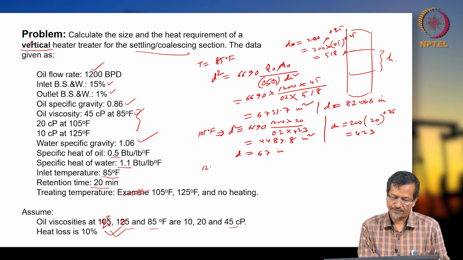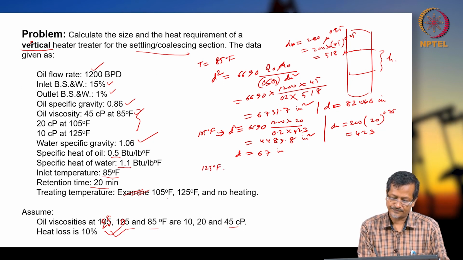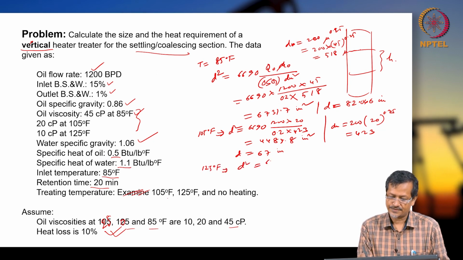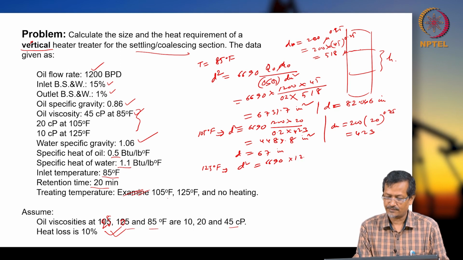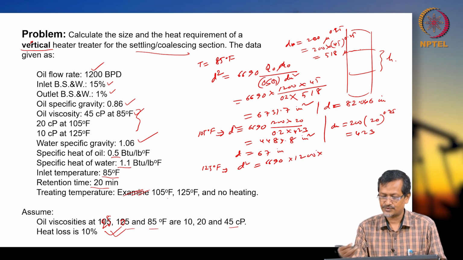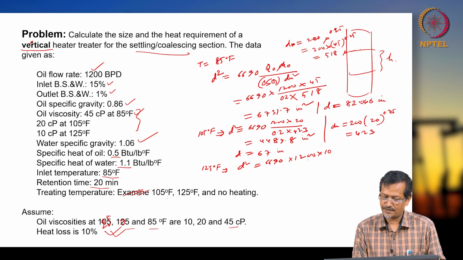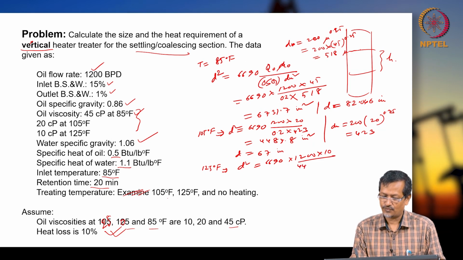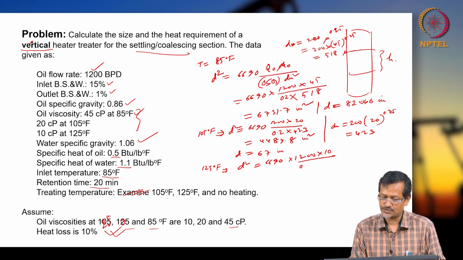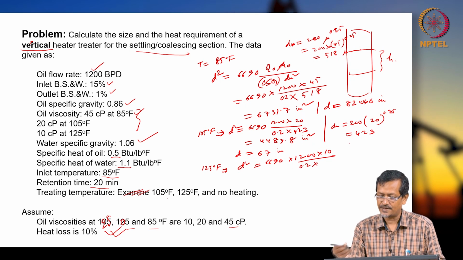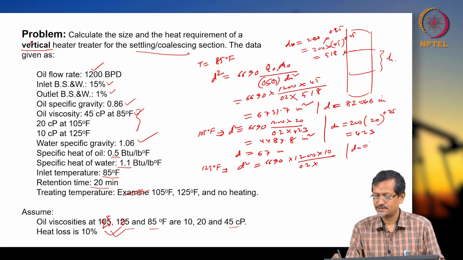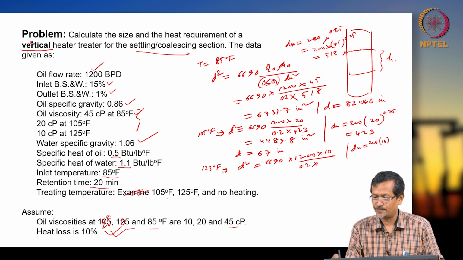And for 125 degrees, d square equals 6690 into 1200 into the viscosity, changed again to 10, and delta SG 0.2, divided by d_m square. d_m equals 200 into 10 to the power 0.25, which gives 356.